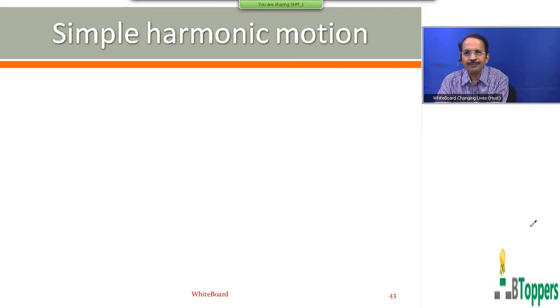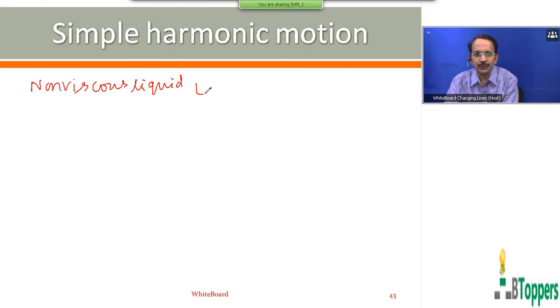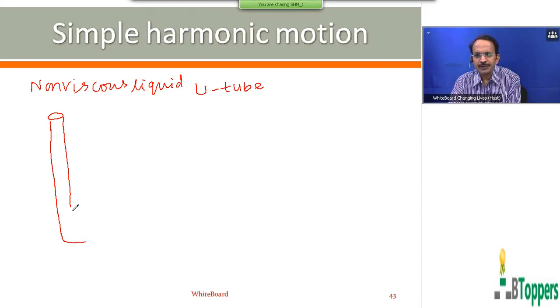So let us consider a non-viscous liquid which is contained in a U-tube with uniform area of cross section.